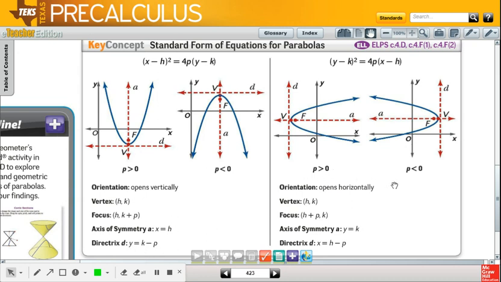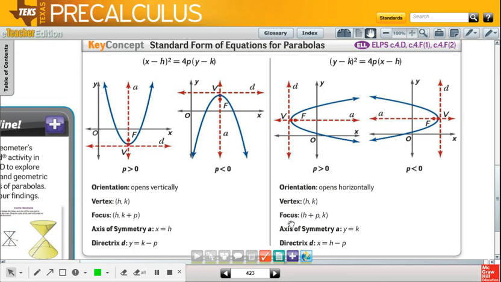Now let's talk about the second parabola that opens horizontally, meaning left or right. And pay very close attention to the form, where it's different from the one that opens vertically. Now, the vertex will be the same as when the parabola opens vertically, h comma k, where the x coordinate will be the h, and the y coordinate will be the k value.